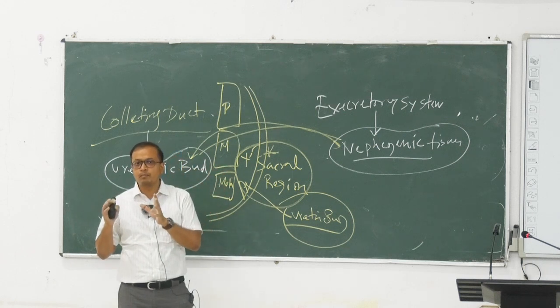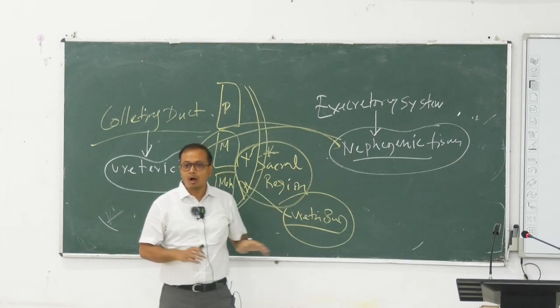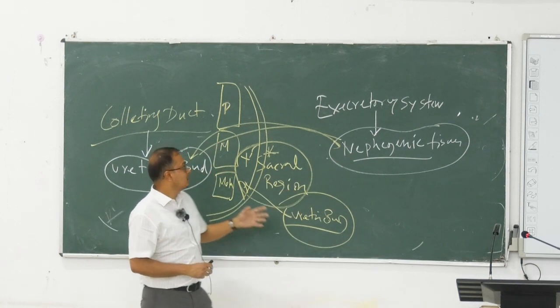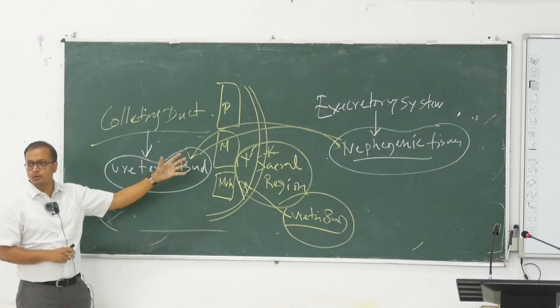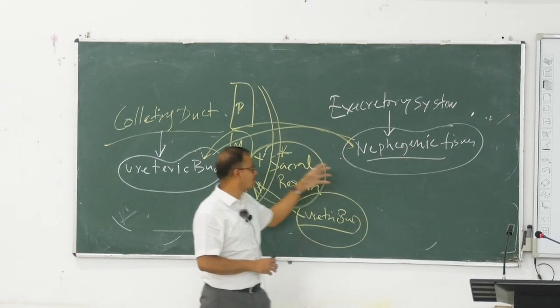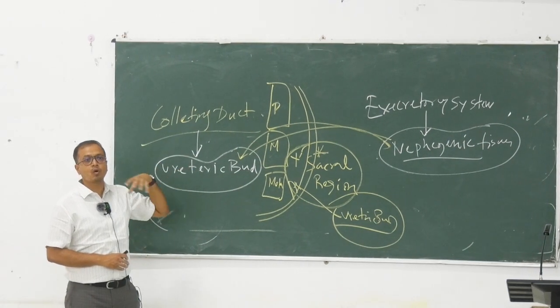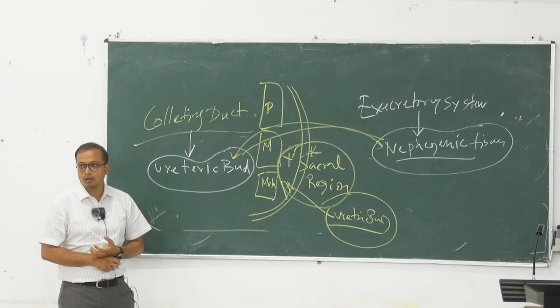So what happens in some region, if these interactions between these two tissues fail, then the urine, whatever is produced, may remain stuck within this kidney and not communicate with this collecting system. So the collecting system is not receiving any urine.